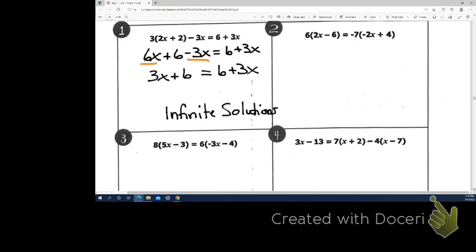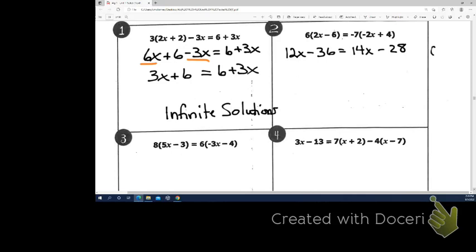So if I was doing a problem here like number 2, and I distribute, and I distribute on the other side also, being careful with that negative. When I get to this point and I see that the number of x's is different, okay?